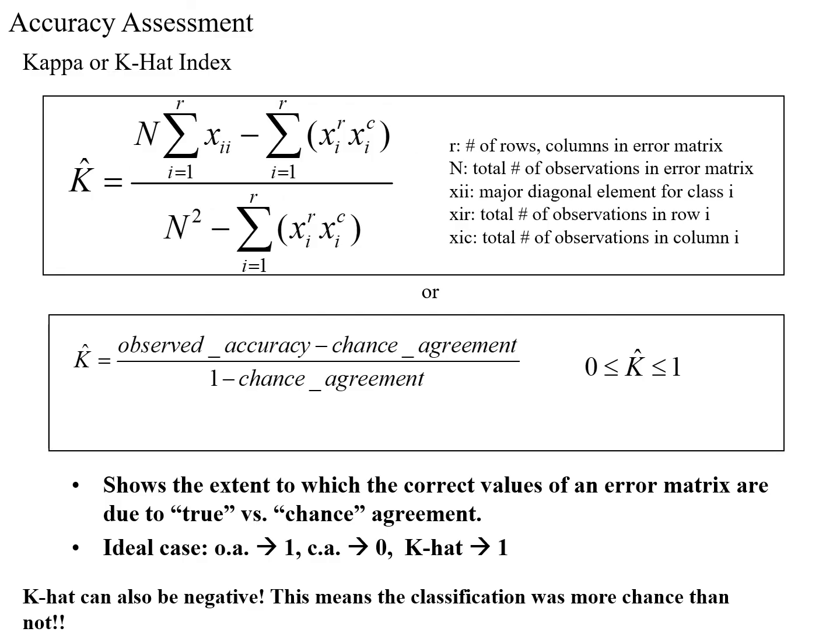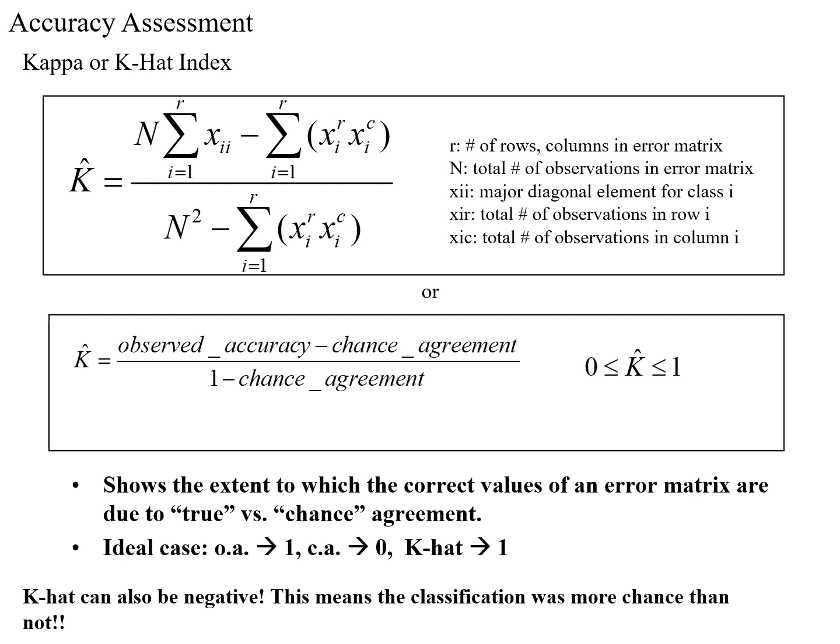So the k-hat, or sometimes called kappa index, allows you to figure out the probability that your result is better than chance agreement. And you can ignore that top equation there.